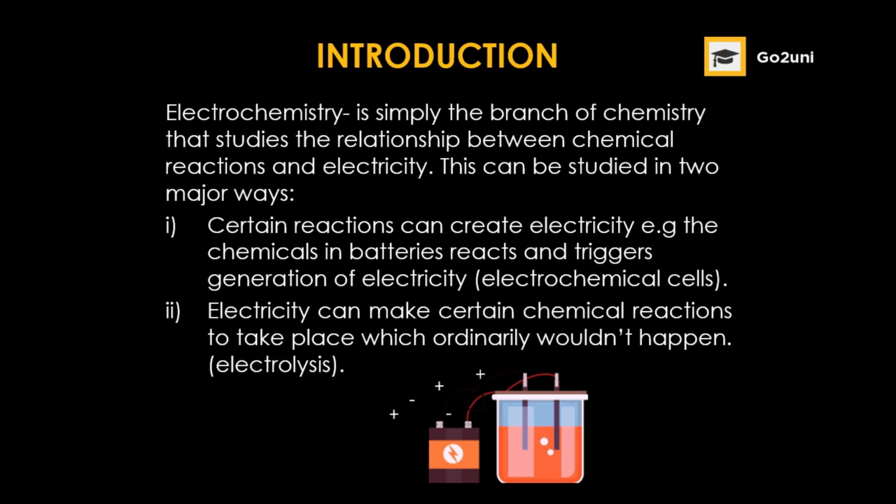And such kind of reactions, or this branch of chemistry, is referred to as electrolysis. So, these are the two major branches or links for which we are going to be discussing electrochemistry today.